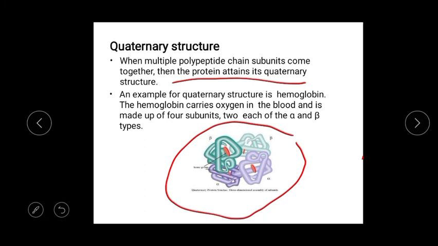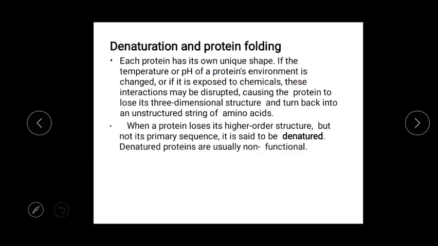Another important property of protein is denaturation. On heating or treating with a chemical reagent, the protein will change its shape. A protein has its own unique shape, and if the temperature or pH changes or it is exposed to a chemical, the protein's environment is changed.